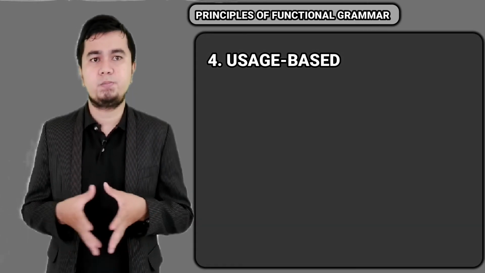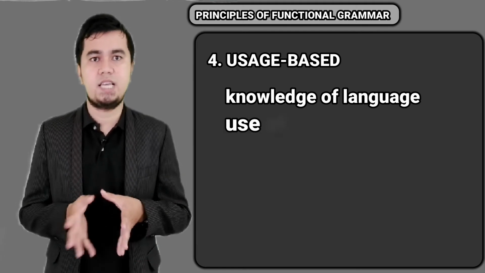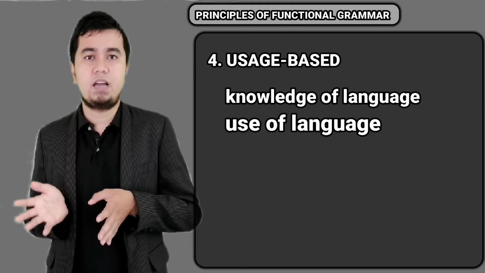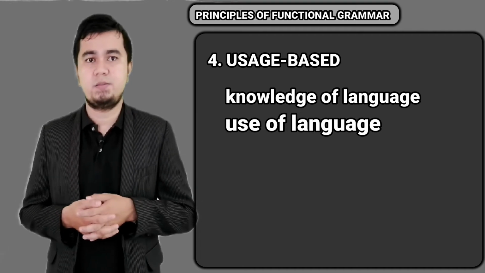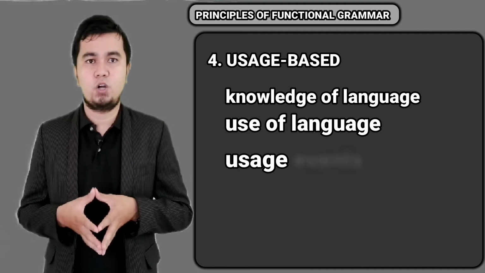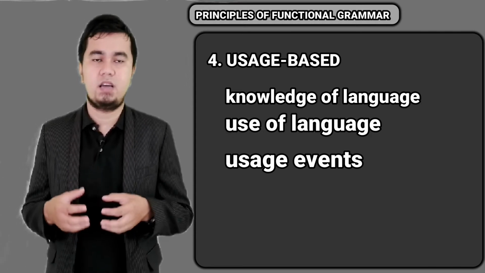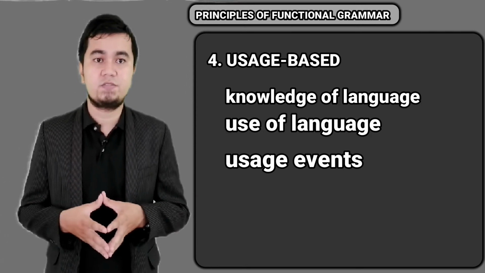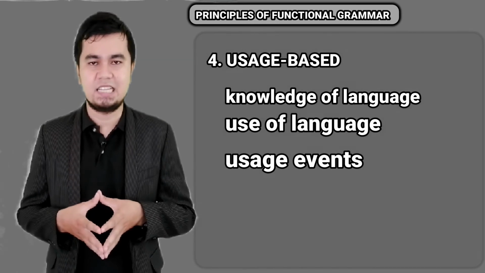And the next is on the usage base. There is no principal distinction between knowledge of language and the use of language, since the knowledge of language is knowledge of how language is used. Now, in this principle, the grammar is based on usage events. That means we provide speakers with a variety of structural options to present their view of a given scene.